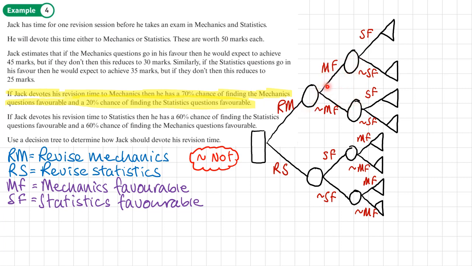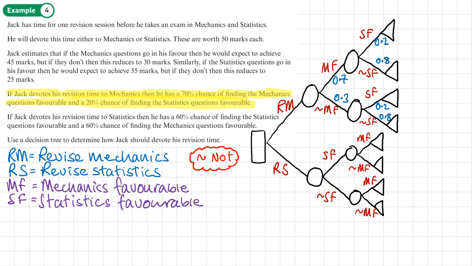And so he has a 70% chance of finding mechanics favourable. So I'll put 0.7 on this branch, which means that this branch is going to be 0.3. And then he has a 20% chance of finding the statistics favourable. So I'll have 0.2 on both of these branches and 0.8 here.